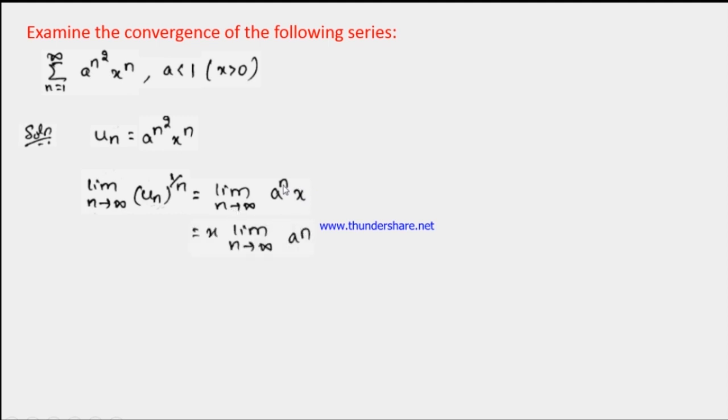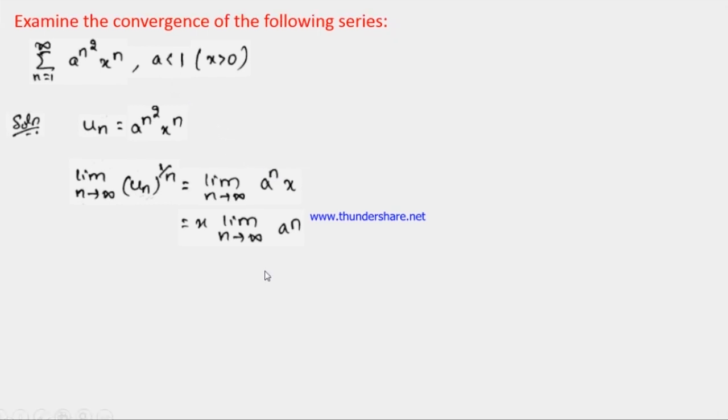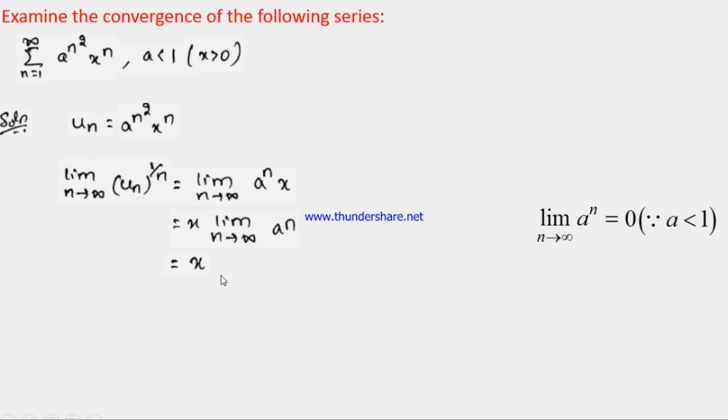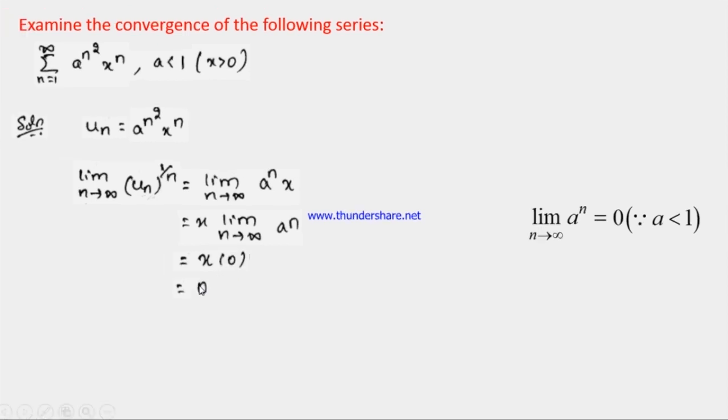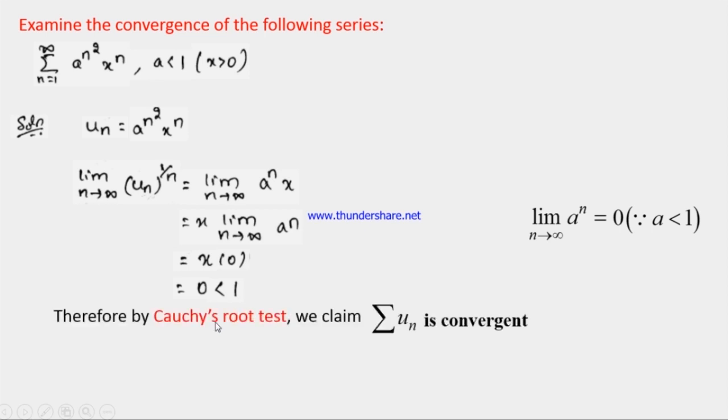Now limit n tends to infinity a power n, and they have said that a is less than 1. x is written as it is, and we know as n tends to infinity, a power n is 0. So this gives 0, which is less than 1. Hence the series becomes a convergent series.